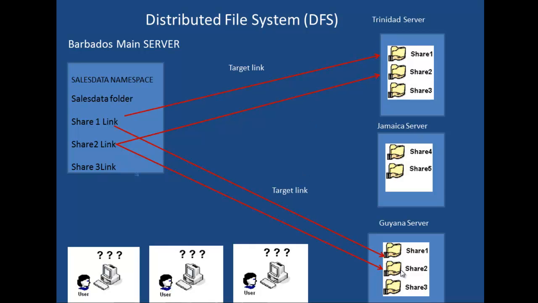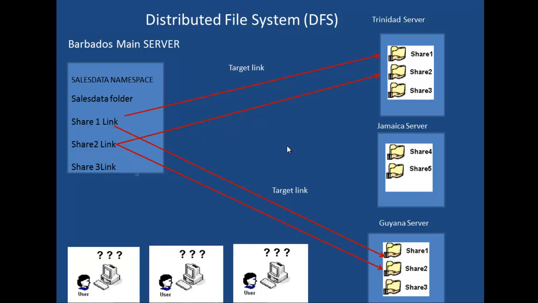We also have share 2 in Guyana. Well, that would mean that if one server fails or one share gets corrupted, we will have a backup copy. And if any copy share could be accessed automatically upon a failure, we would have seamless support for share structure.